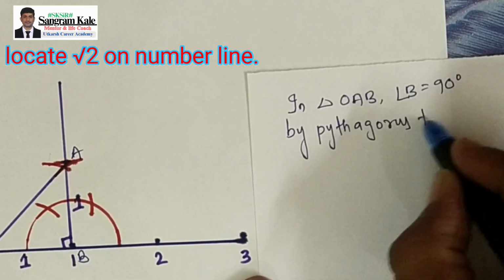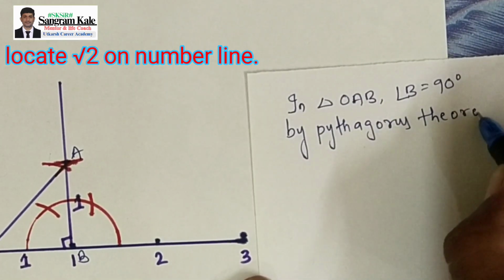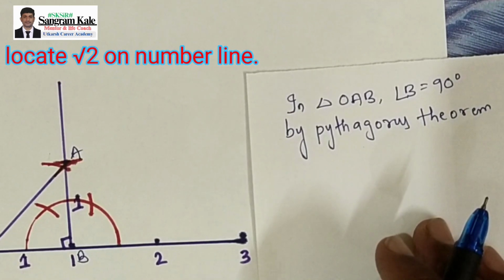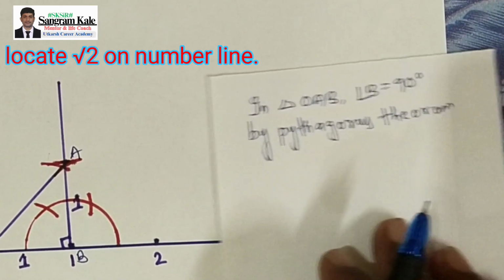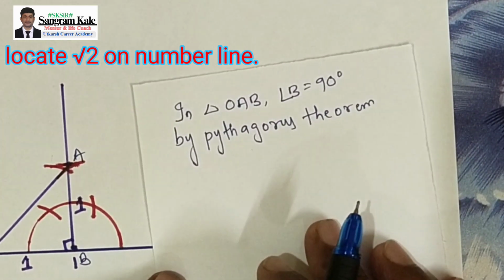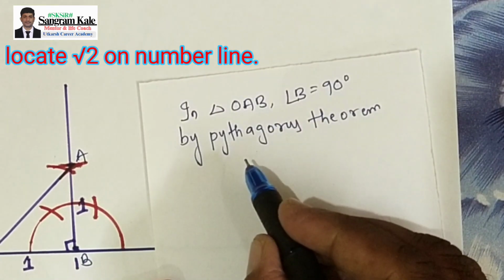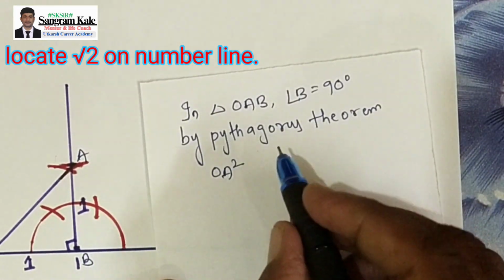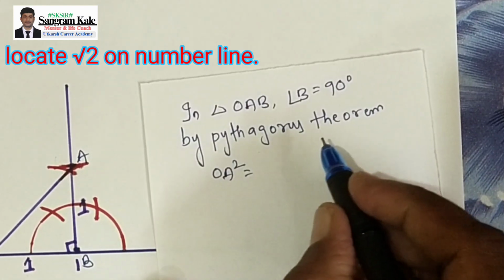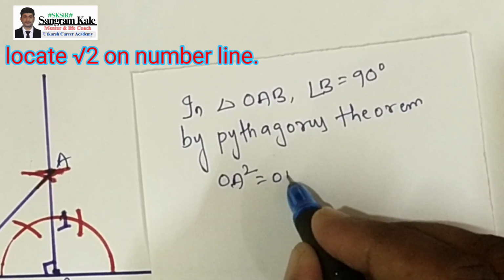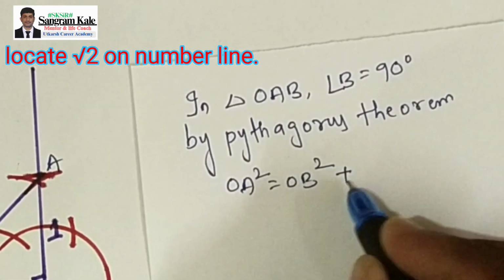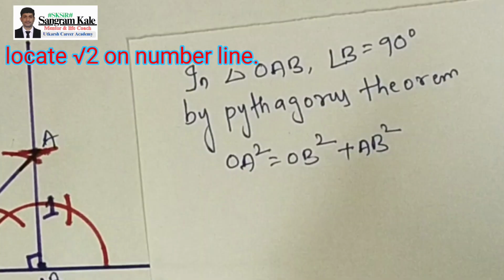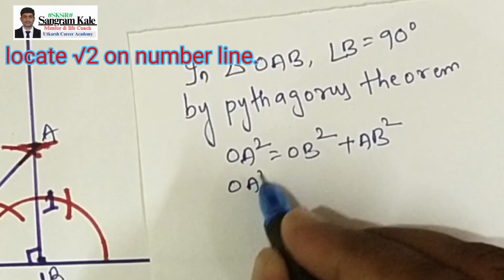So by Pythagoras theorem, hypotenuse square is equal to base square plus height square. What is the hypotenuse here? OA is the hypotenuse, OB is the base and AB is the height.